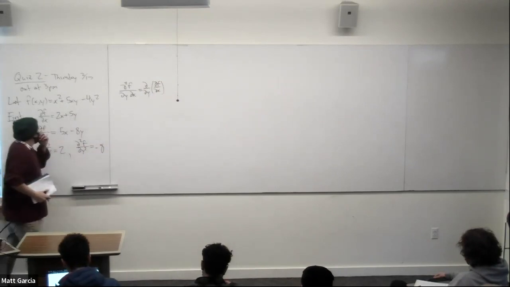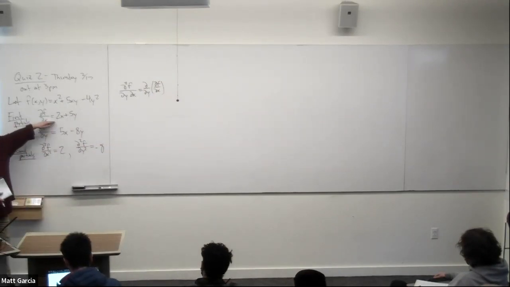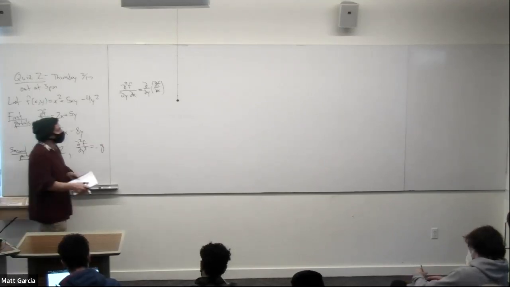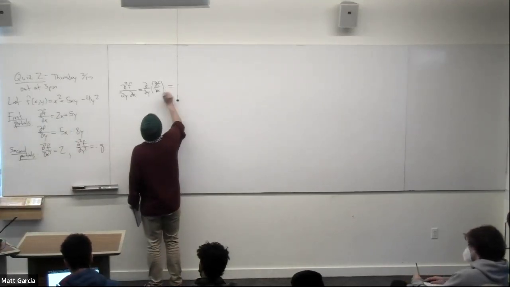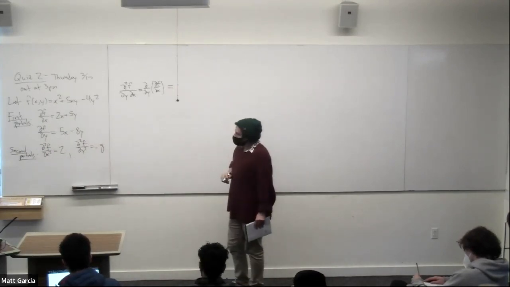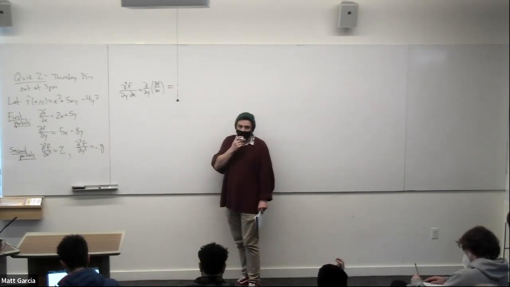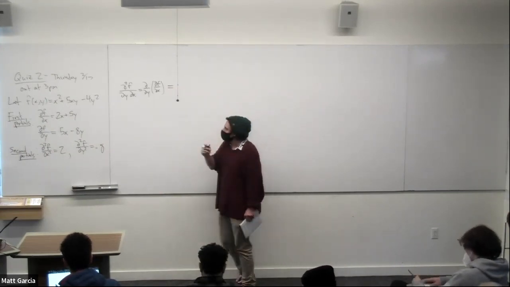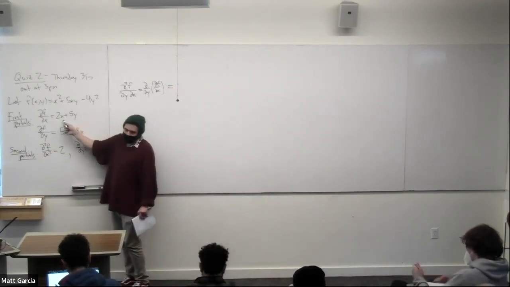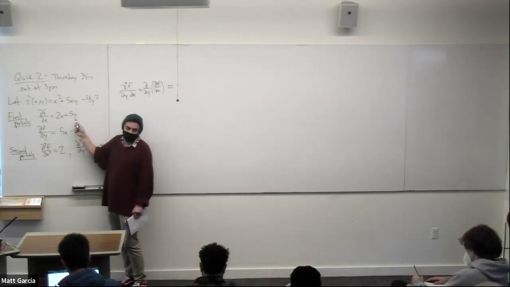So we want to take the derivative with respect to y of this function. So what does that give us? Just 5, right? Now x is a constant, and we differentiate with respect to y.